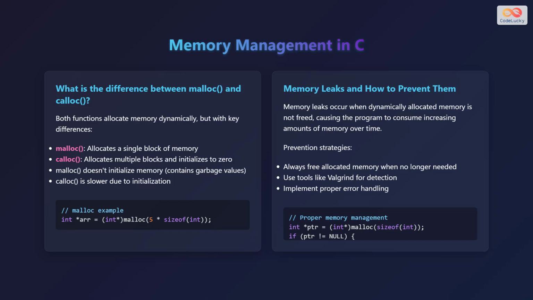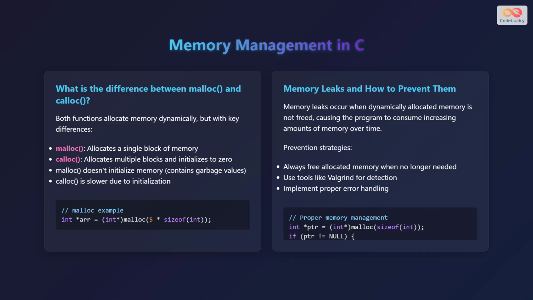Also, malloc doesn't initialize memory, so it contains garbage values, whereas calloc is slower due to initialization. Here's an example of using malloc. An integer pointer arr is assigned the address of a dynamically allocated block of memory that can hold 5 integers. The size of the allocated memory is calculated by multiplying 5 with the size of an integer.